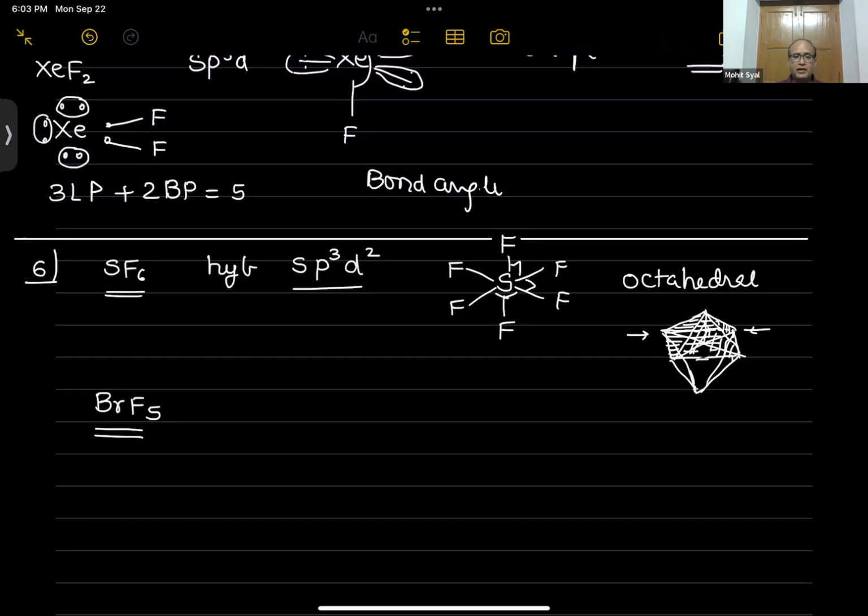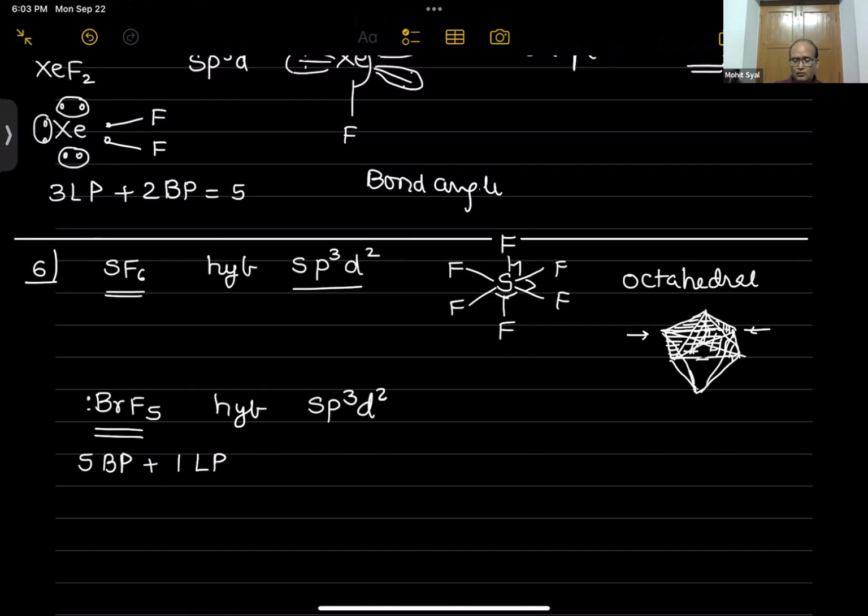So how many bond pairs and lone pairs are there? 5 bond pairs and 1 lone pair. Hybridization is going to be the same. We have 5 bonds and 1 lone pair.